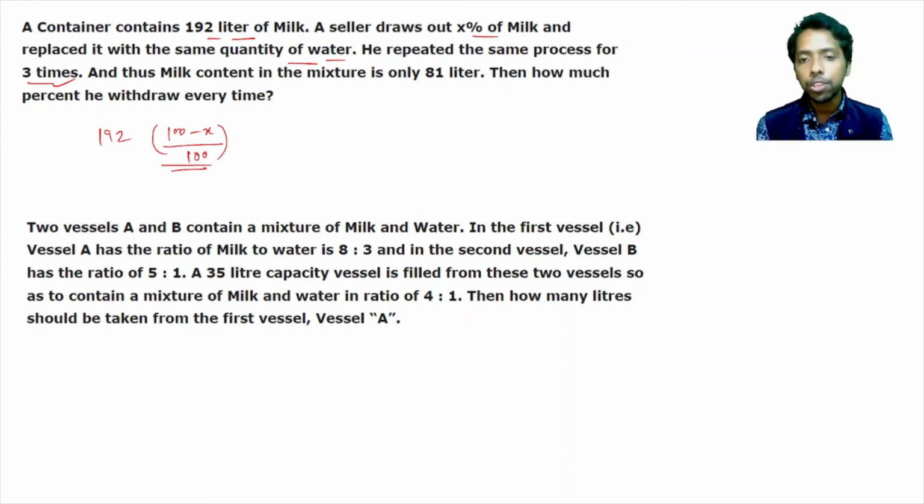That means the concentration of milk gets changed, not the water, because externally water is getting added. So the concentration in the container, that is the milk, would get changed.